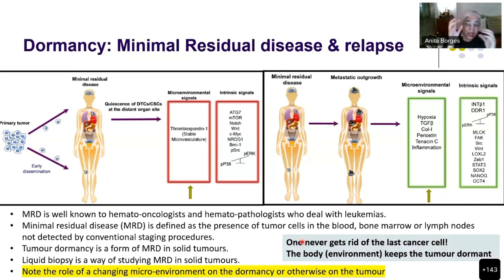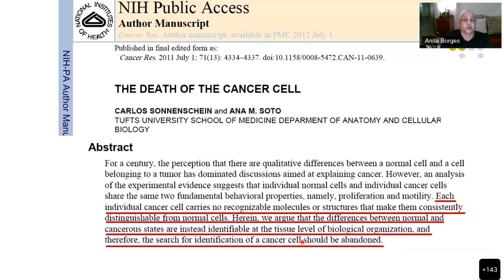So now we have established that it cannot be just the tumor cells. There is something else that is required to allow the growth and propagation of that tumor. And there are perhaps ways of making that tumor go to sleep.